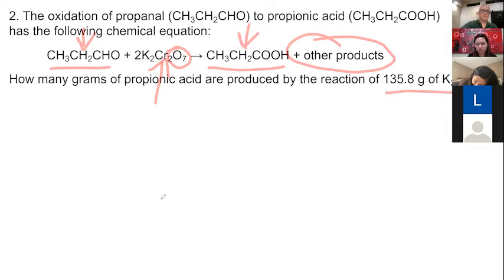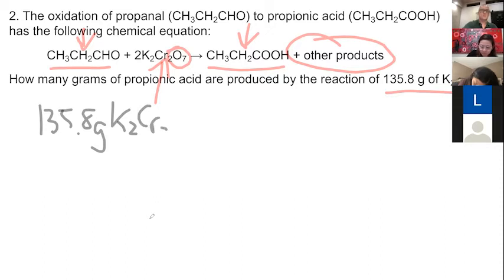So I write down the information I have: 135.8 grams of potassium dichromate. What do I need to do with this to start doing my calculations? Find out how many moles it is.